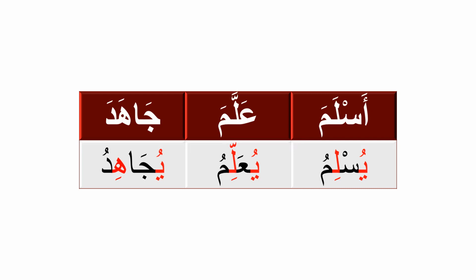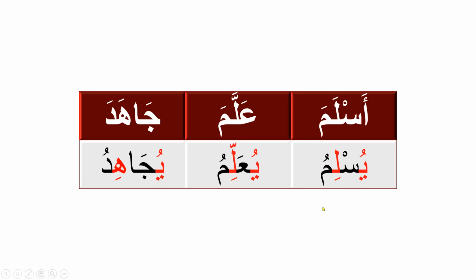So Allama is family 2, Jahada is family 3, and Aslama is family 4. And they all have a U-E sound. Alhamdulillah. So, the Dhamma in the beginning and Kasra in the middle.